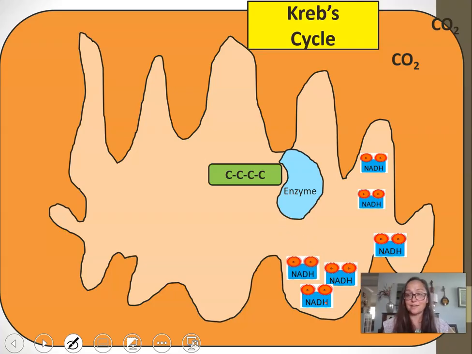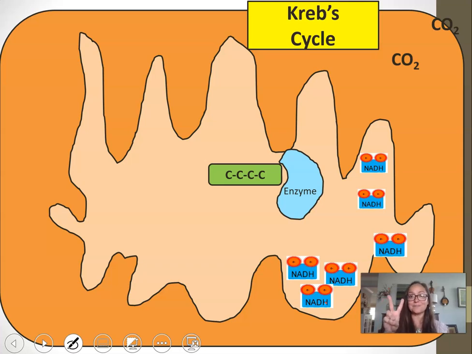So at this point, my sweet students, we started with 6-carbon glucose, and then we, in glycolysis, broke it into 2 pyruvates. And then we'll focus on just 1 right now. And so during the oxidation of pyruvate, one of those carbons came off as carbon dioxide, and we're left with acetyl, a 2-carbon molecule.